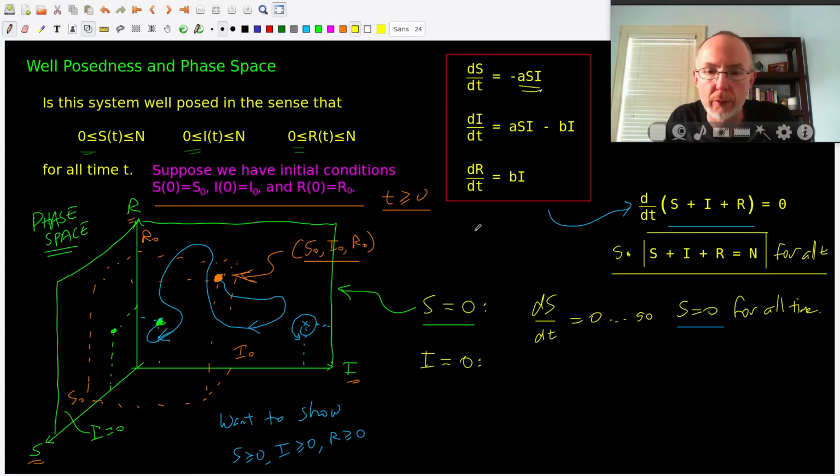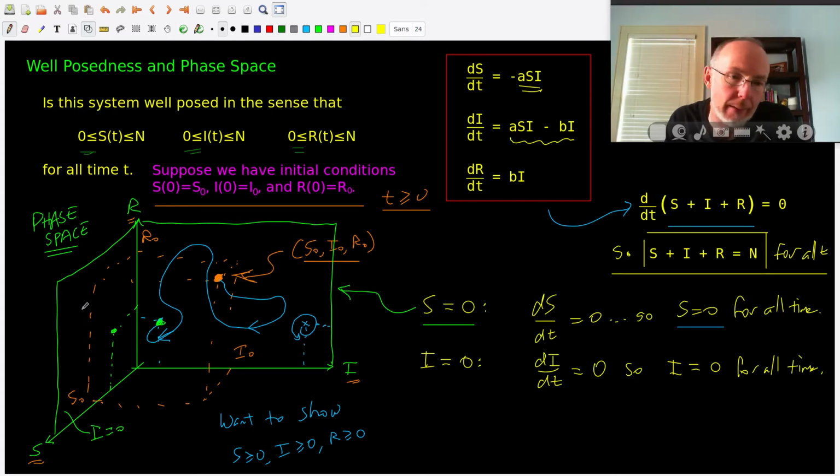Now, if you go to the differential equations and look at the rate of change of I with respect to t, when I is equal to 0, both of those terms involve an I, and so the rate of change of I is 0. So if I is ever 0, then I is 0 for all time thereafter. Once again, if I were to bang into that sidewall, I can't cross it. I can never become negative, because once I end up at a point where I is 0, then I equals 0 for all time.